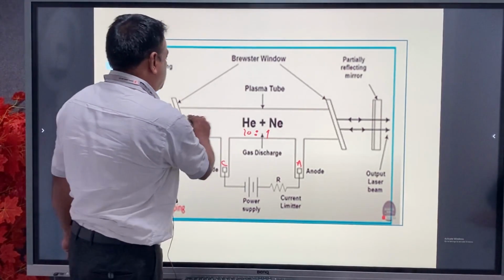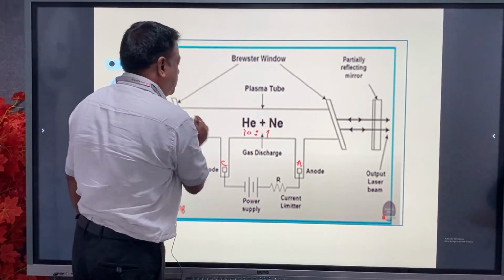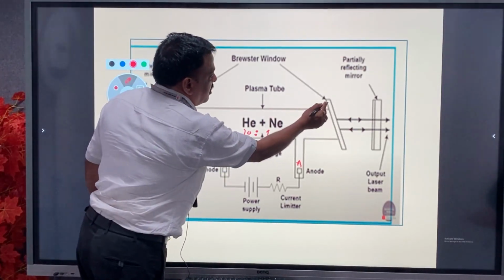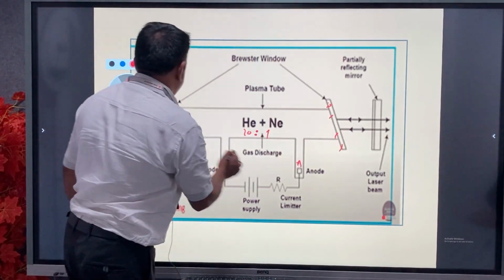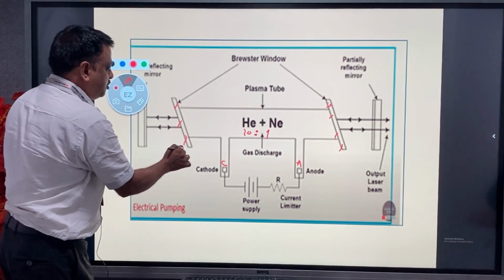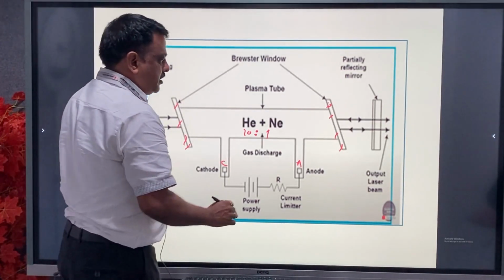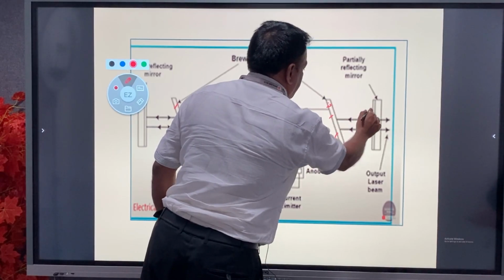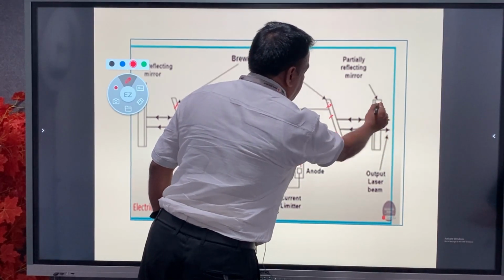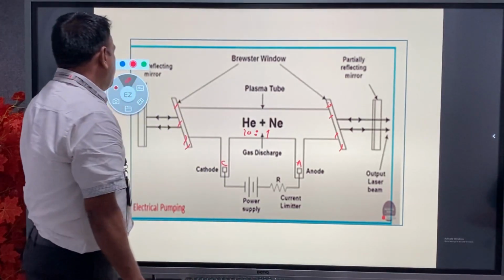Both ends of the quartz bulb are sealed with Brewster windows to produce plane polarized light. In the direction of the plane polarized light, perpendicular to it, we arrange two plane mirrors.